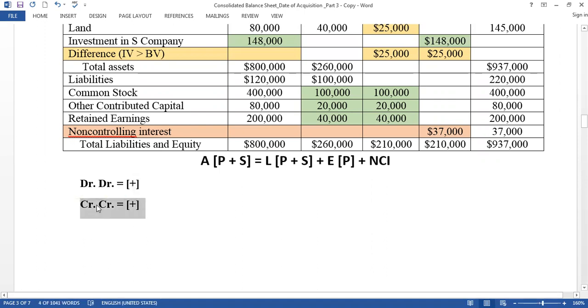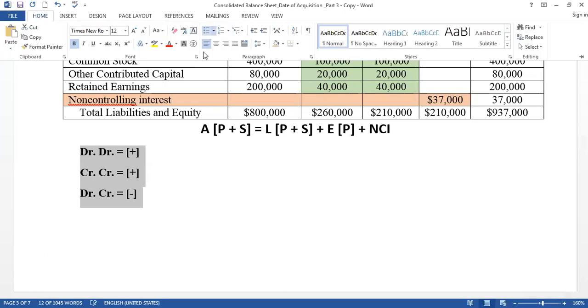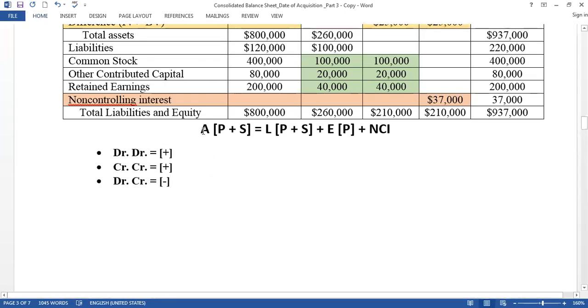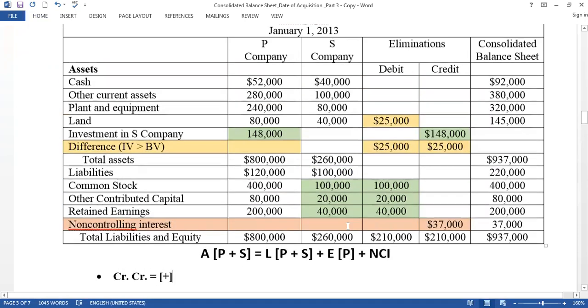But if you find one is debit and another is credit, then you make it minus. This is the formula we are going to apply also, to prove that we have asset P plus S, liability P plus S, equity only P, and NCI is the non-controlling interest.